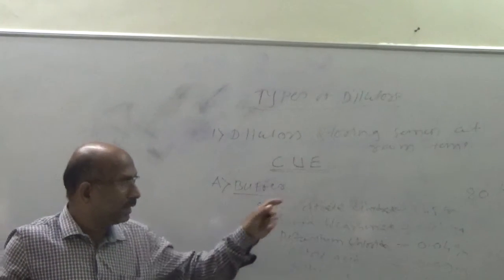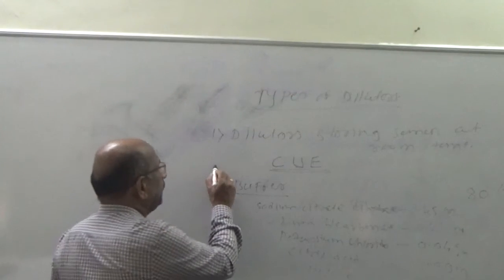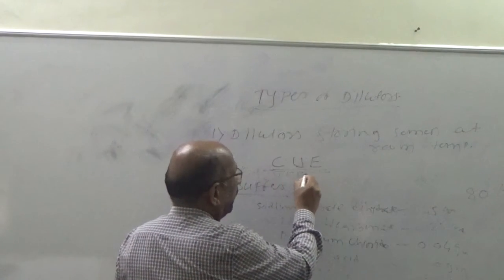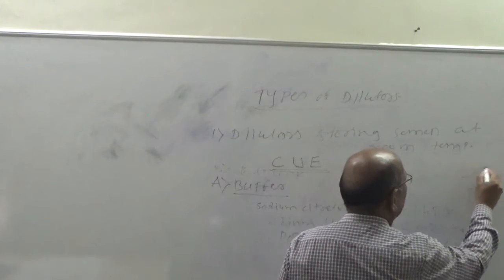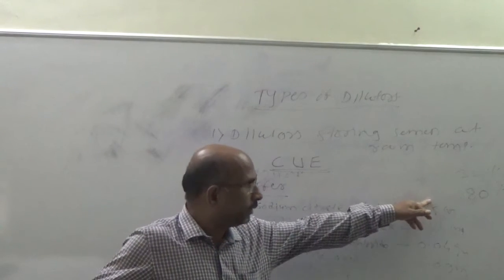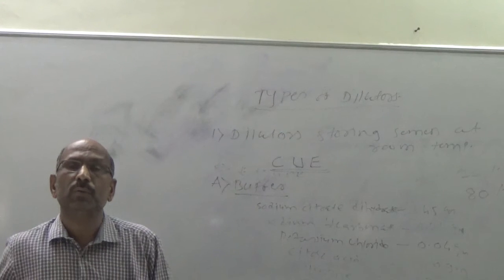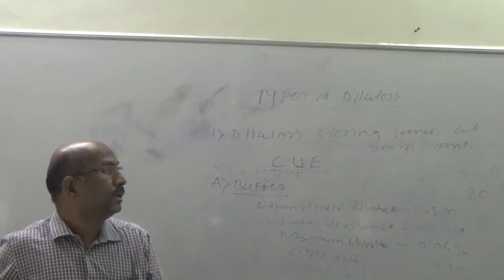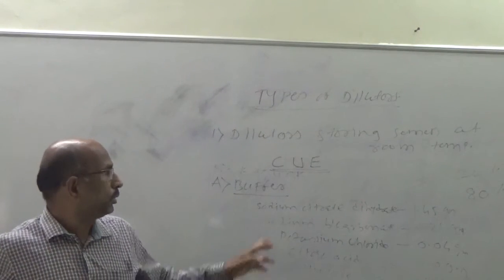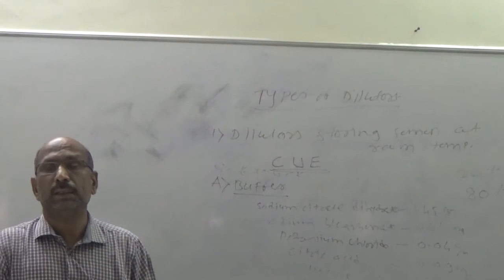Then we take 80% buffer and 20% egg yolk. By mixing the 80% buffer and the 20% egg yolk, we can produce the CUE, the Cornell University Extender. The egg yolk should be prepared freshly daily.